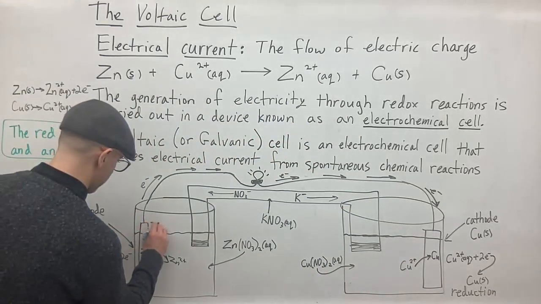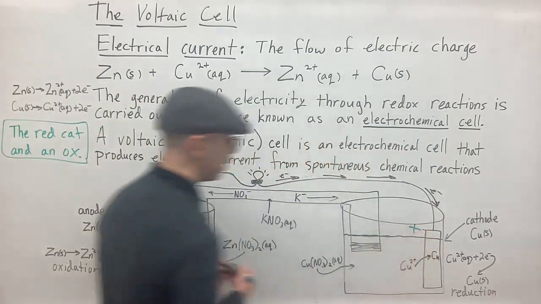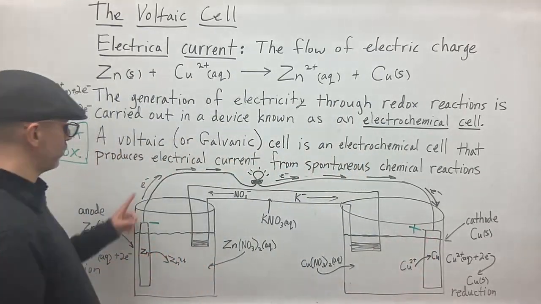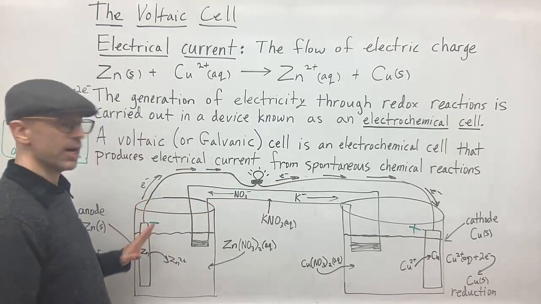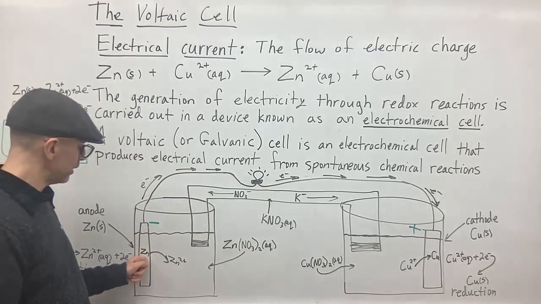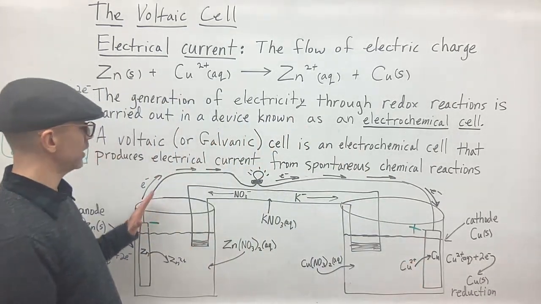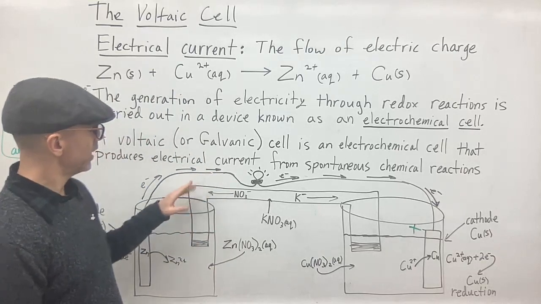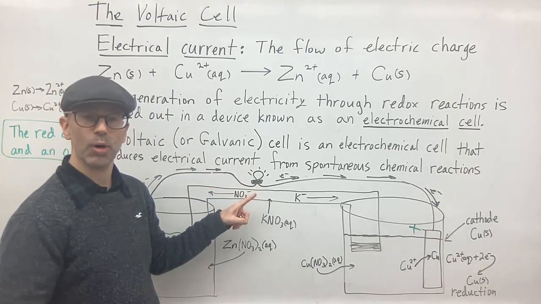So here we have the negative electrode, and here we have the positive electrode. That's the flow of electrons. So instead of having the electrons be transferred directly from the zinc to the copper, we're going to force the electrons to go through a wire. And in going through a wire, they're attached to this light bulb, and the light bulb lights up.